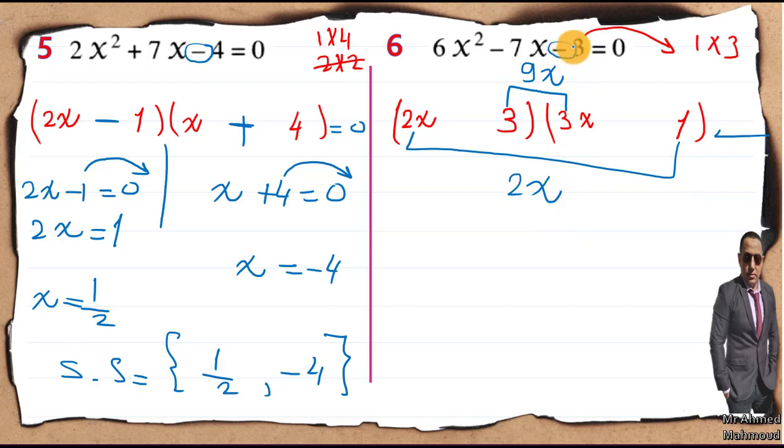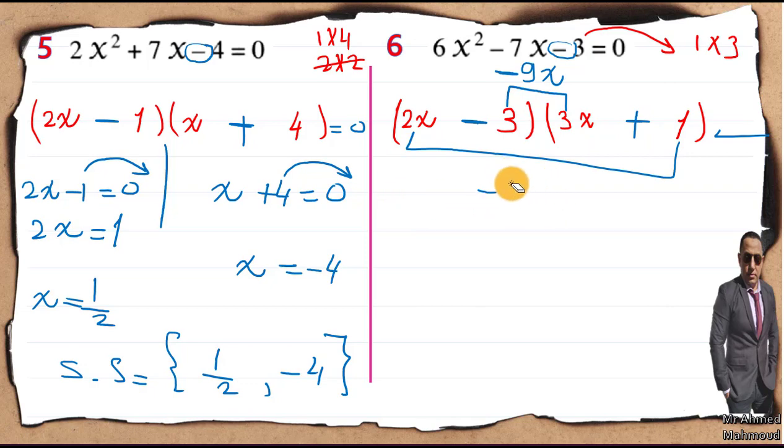This sign is minus, so I'm going to give the middle to the greater. The greater is 9x, so 9 is negative like the middle, and 2 is positive, opposite to the middle. 9 equals 3 times 3, so the negative comes from here, and 2x equals 2 times 1, so the positive sign comes from here. Now this is the factorization.